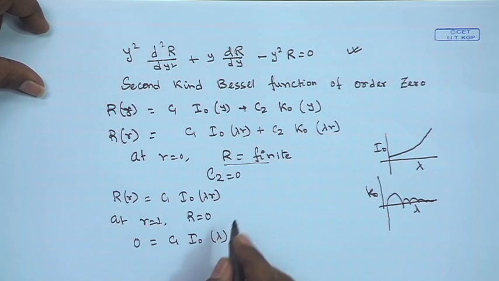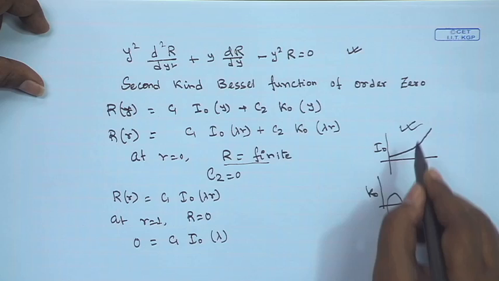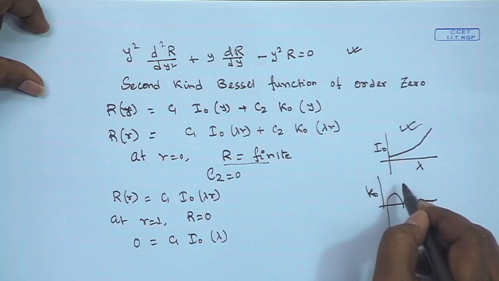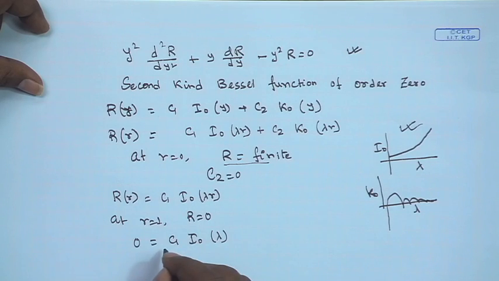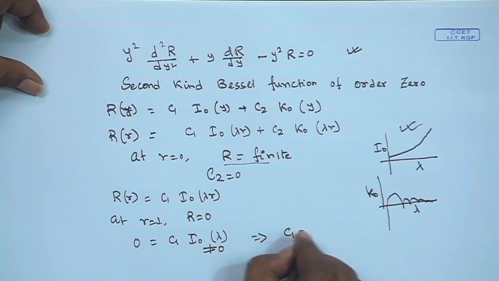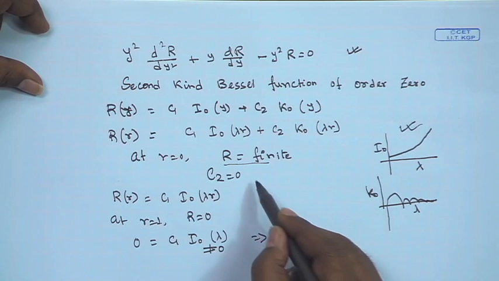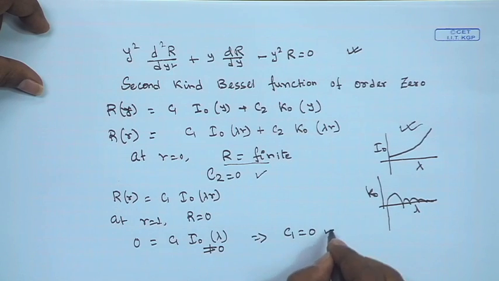Now, in this equation, as we have seen, the property of I0 is that it will be ever positive. For every finite value of lambda, I0 will assume a positive value. So, therefore, it can never be equal to 0. In order to satisfy this equation, C1 has to be equal to 0. We have already seen that C2 equal to 0 and C1 equal to 0.